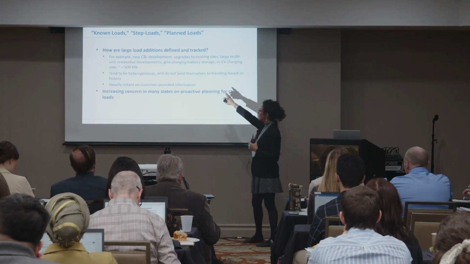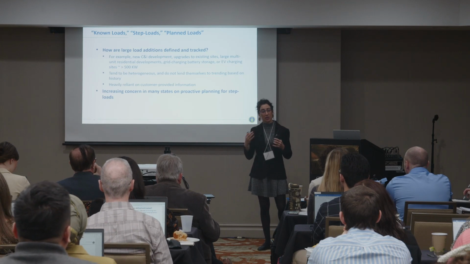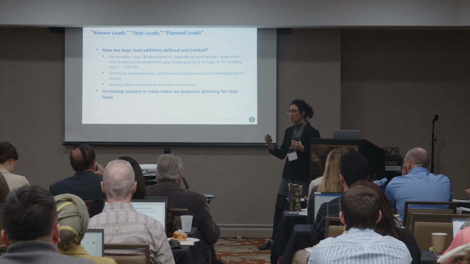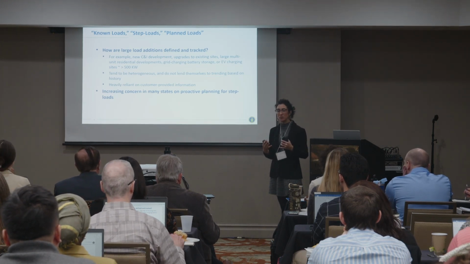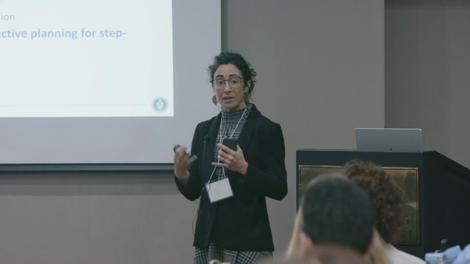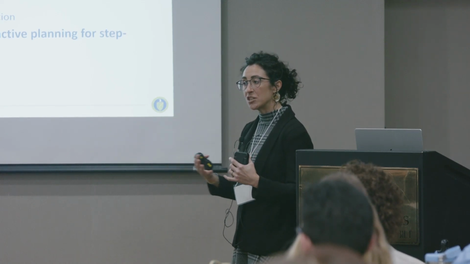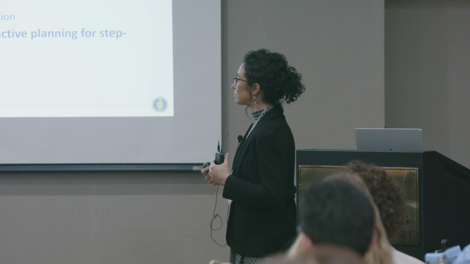It is heavily reliant on customer-provided information, and not everybody does that. And so another great question to ask the utilities when you receive a forecast used in grid planning is: are you using this data from the customer department to adjust and plan your infrastructure?